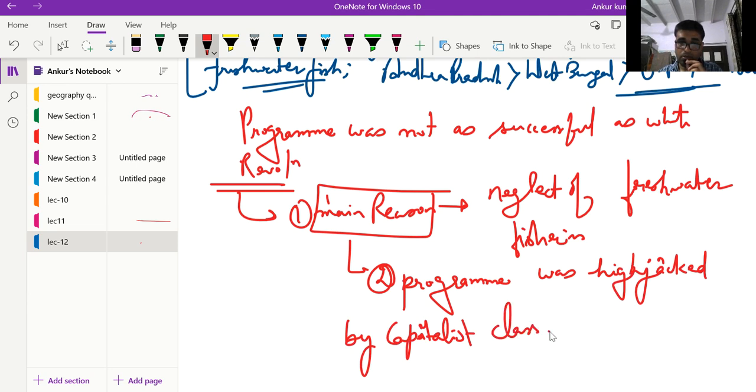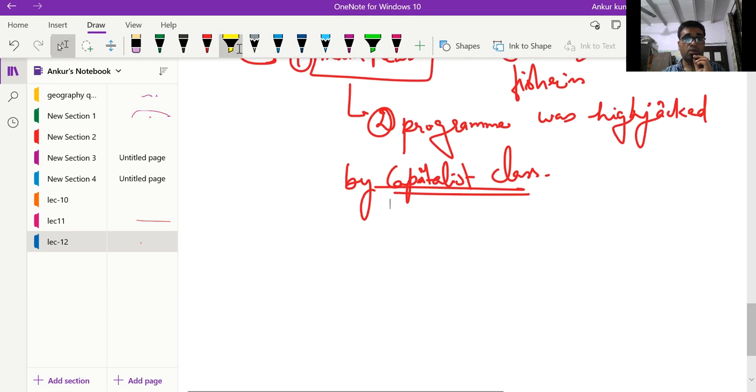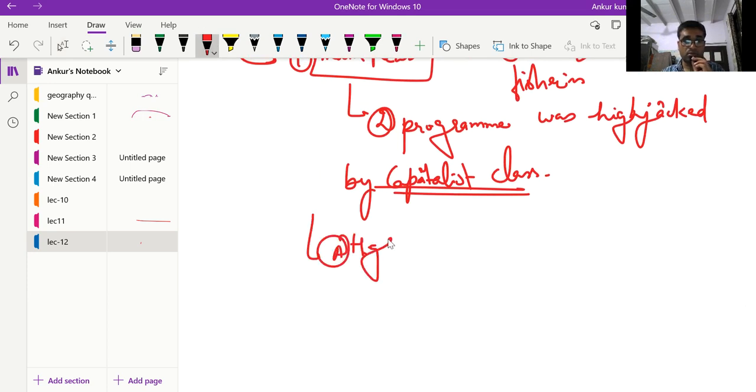So the inclusion of the local community was absent in this program also. Now, there were main reasons why the capitalist class got involved in this program. Number one, high returns because of the export of exotic species.